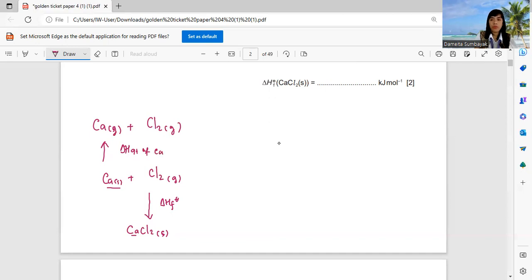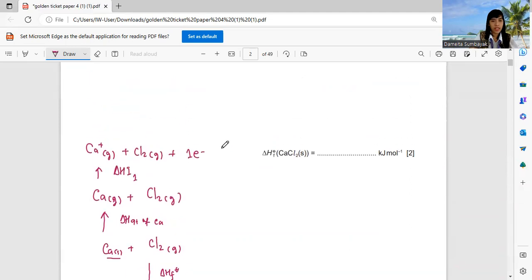Right, now that we have formed calcium gas, we can convert calcium gas into its ion. It loses 1 electron, becoming Ca+ gas, plus Cl2 gas. We call this delta H ionization, the first ionization energy.